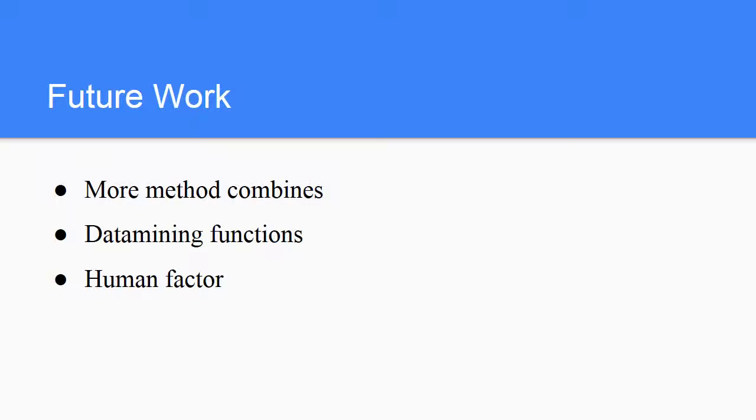First, we will try more methods like classification or association combined with clustering. It will provide more reliable or reasonable results for decision making.